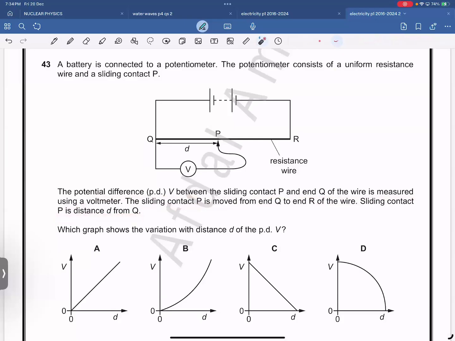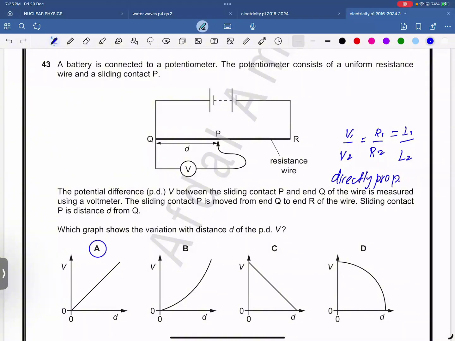Which graph shows the variation with the potential difference? This you already know. V1 over V2 is the same as R1 over R2, which is the same as L1 over L2. So they are directly proportional. So a directly proportional graph has to be a straight line passing through the origin. I rate this question as an easy question.